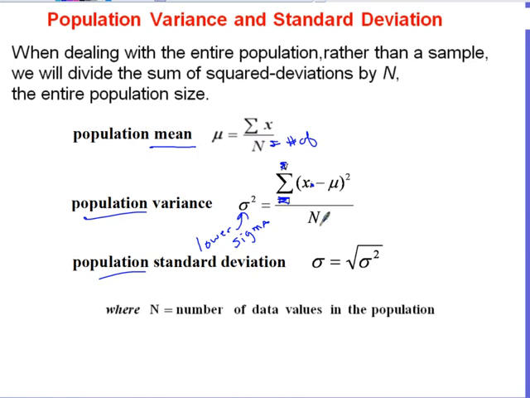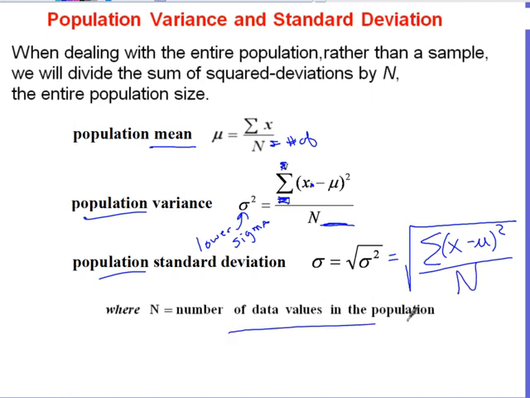The big thing to note is there's no -1 at the bottom. So you'll probably see a formula in the back that's more like this. The sum of x minus mu squared all over n. Okay. Again, where n is the same thing as little n, just kind of semantics because you're working with population.